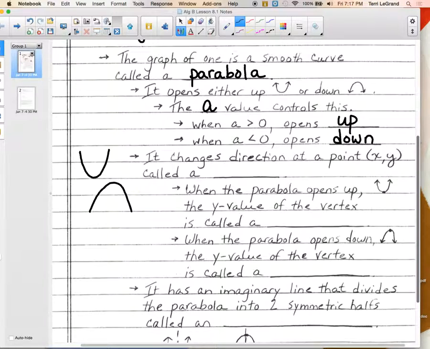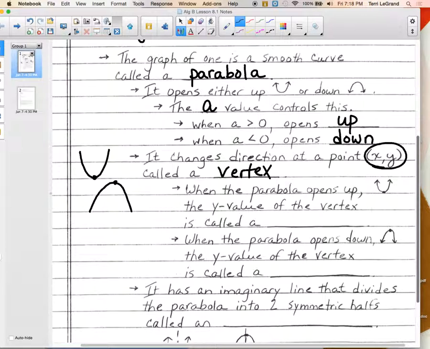And it changes direction at a point. So there's a point where it changes that direction, and that is called a vertex. When it changes direction, this point has an xy value, it's an ordered pair, a point on the graph, and we call that the vertex.